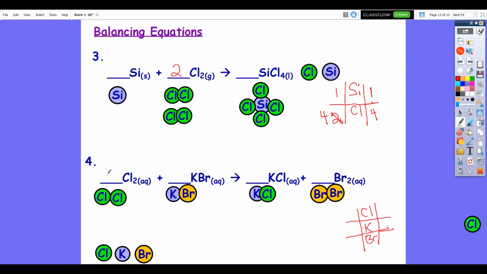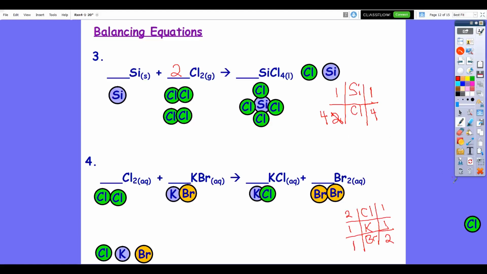So to start, I start with 2 chlorines, 1 potassium, 1 bromine, and to finish, I've got 1 chlorine, 1 potassium, and 2 bromines. Oh, I wrote the wrong number for bromine to start with, sorry. I start with 1 bromine.